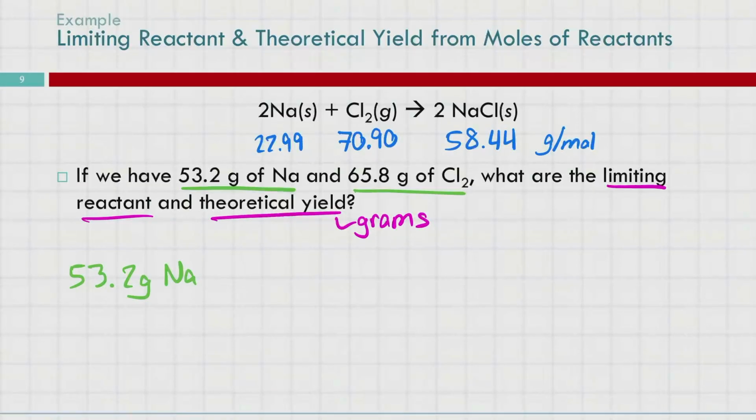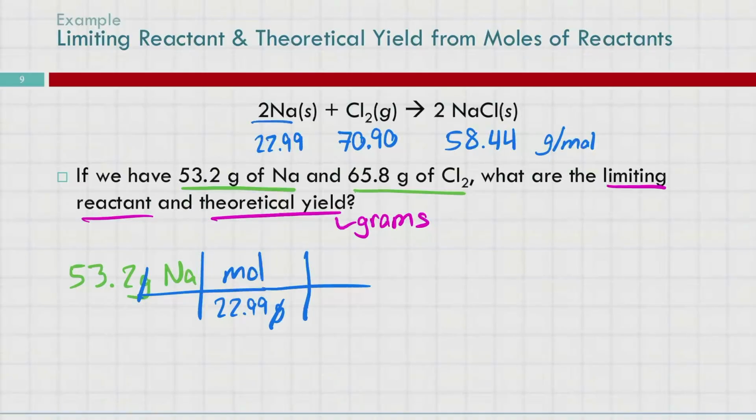But if we're talking about the number of atoms or the number of molecules that we have, that's what's going into our chemical equation. So we'll take 53.2 grams Na, divide by our 22.99 grams per mole for sodium to convert it to moles. And then we can do our stoichiometry step.